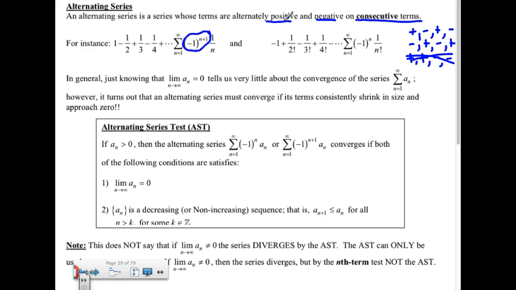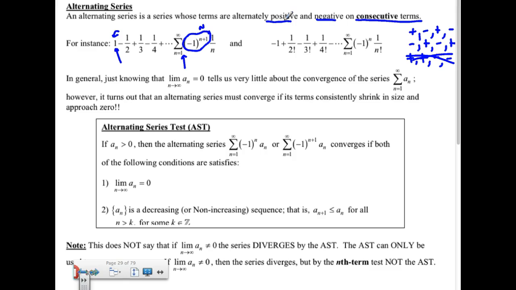When you're deciding what power of n it is, remember the first count has to generate the first term. So I couldn't have done -1 just to the nth on this one because -1 to the first is negative, and I know I need to start at a +1.